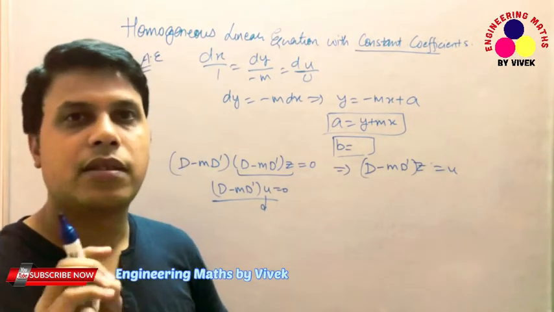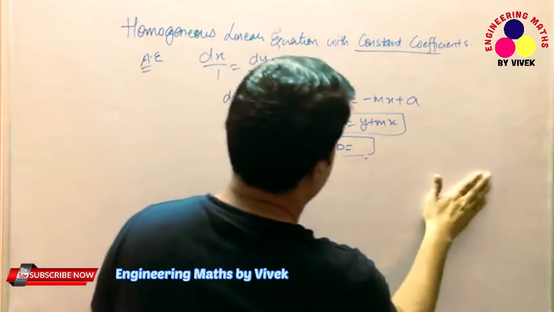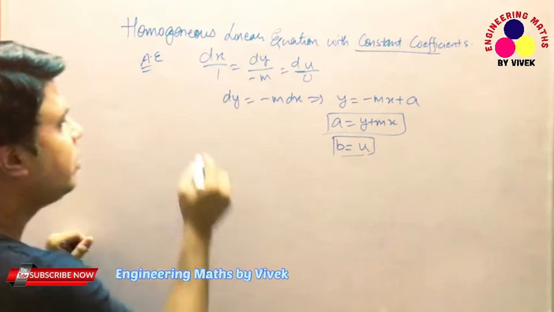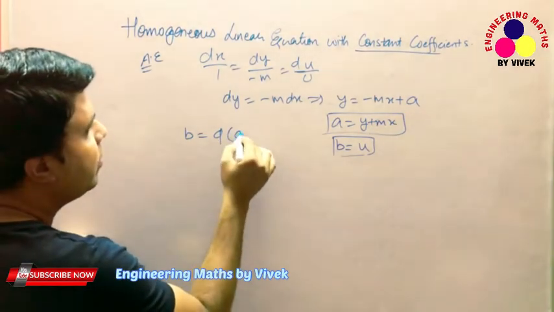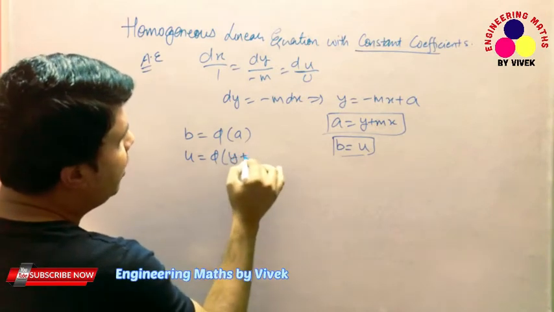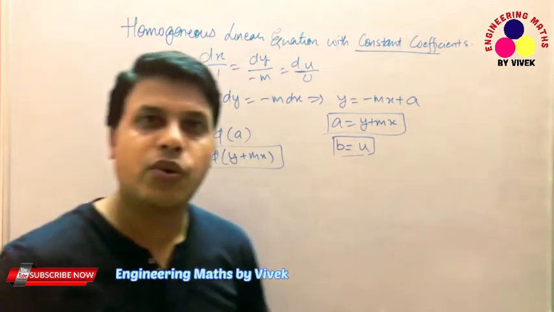Okay, I think this is clear to you. So we can say b equals u, or b is a function of a, so u equals phi of y plus mx. So I think this is clear to you.